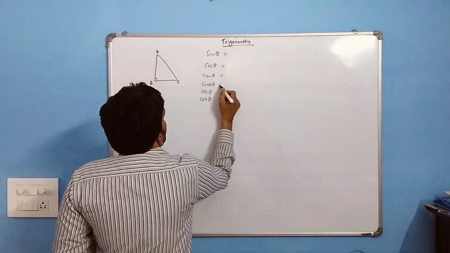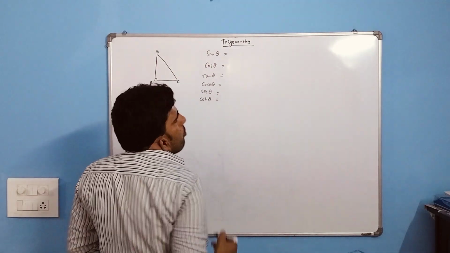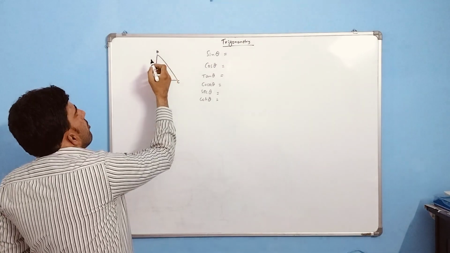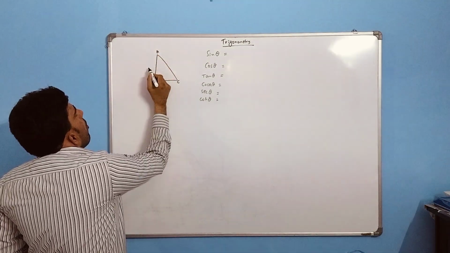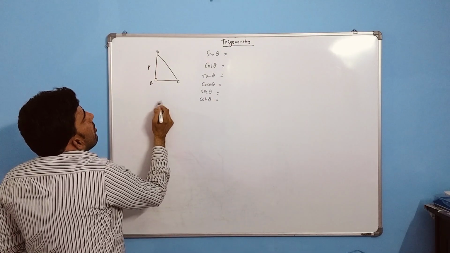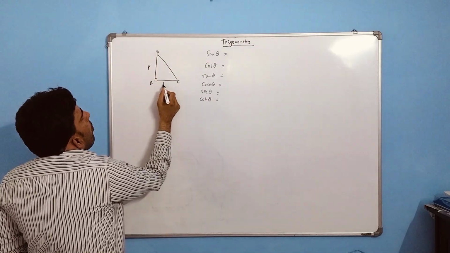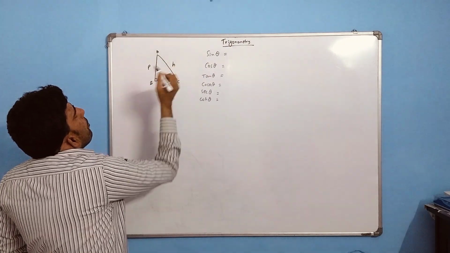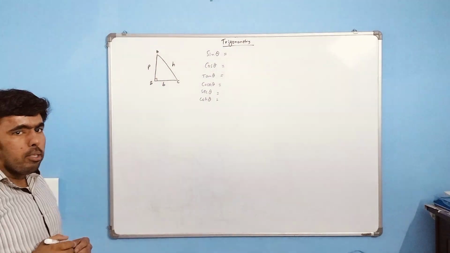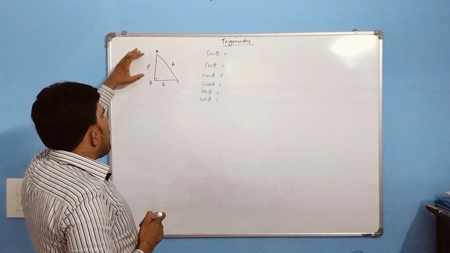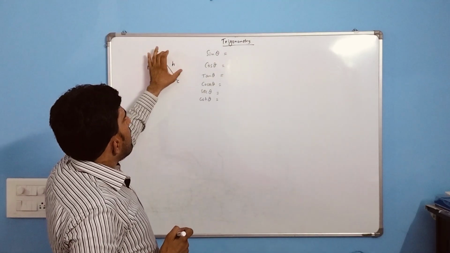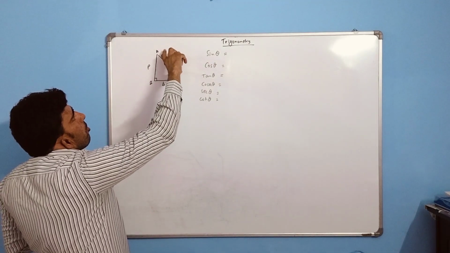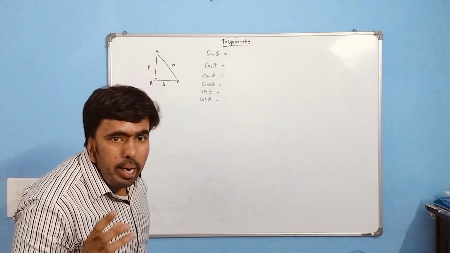What we need to do is learn that this side is called perpendicular, this side is called base, and this side is called hypotenuse. This is the hypotenuse because it is the longest side.